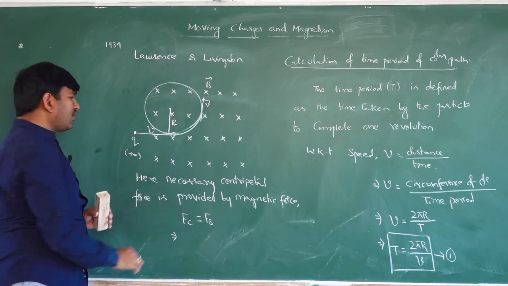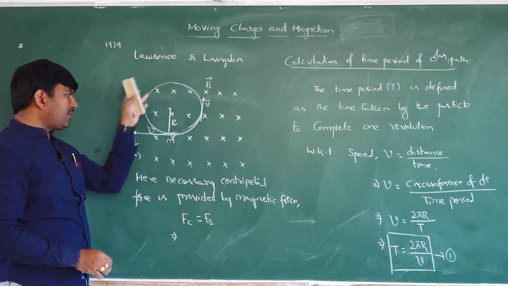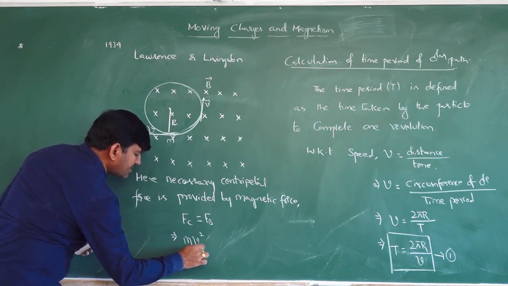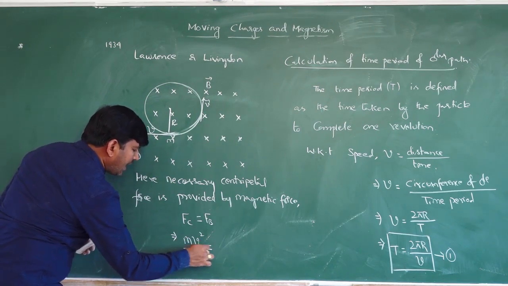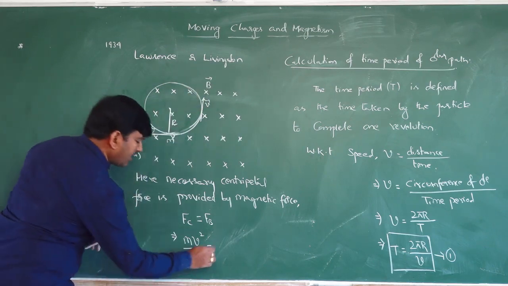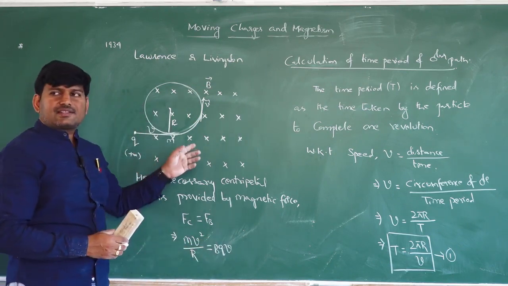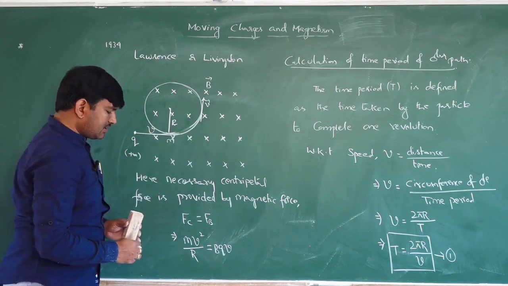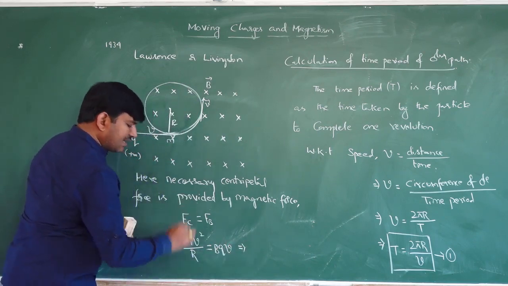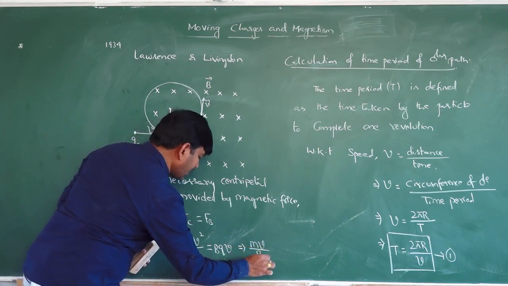When a charged particle of mass m moves with constant speed v in a circular path of radius r, the centripetal force is given by mv square divided by r. And here the magnetic force is nothing but bqv, because sin theta is equal to 1, theta being 90 degrees. So, from this, one v and v will get cancelled and we are left with mv by r is equal to bq.